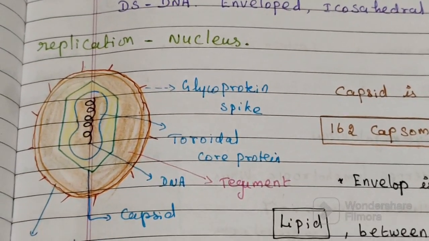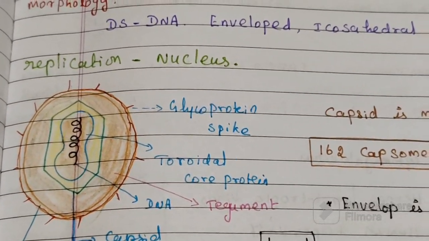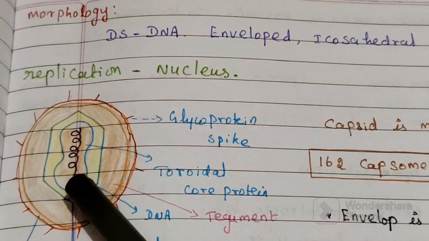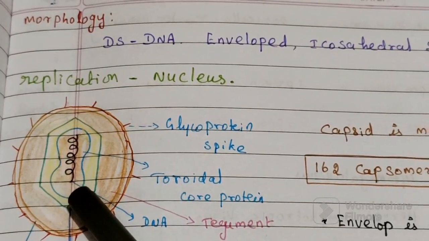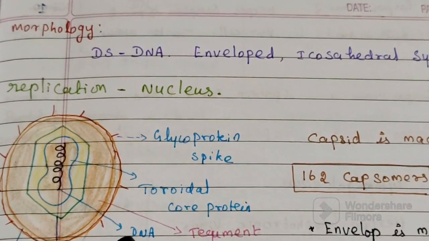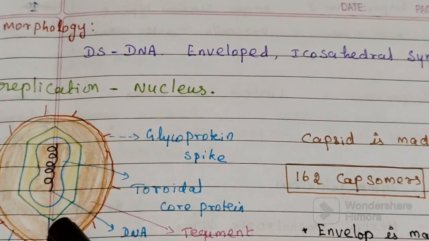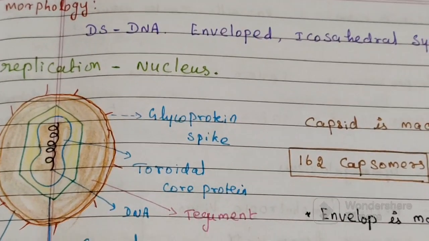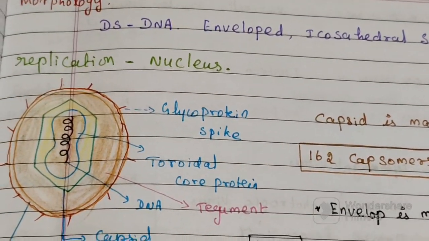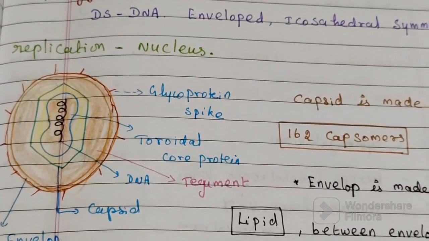See the structure of the virus. This is the nucleic acid in the center, double-stranded DNA molecules. Around it is the capsid, having 162 capsomers.